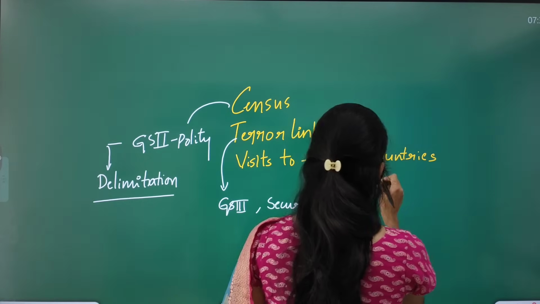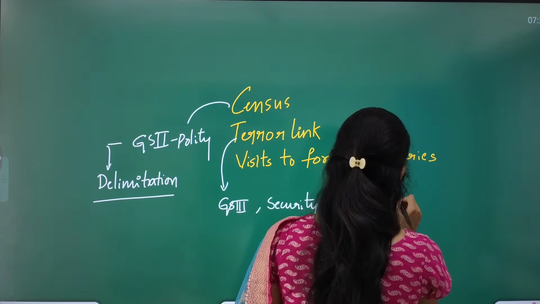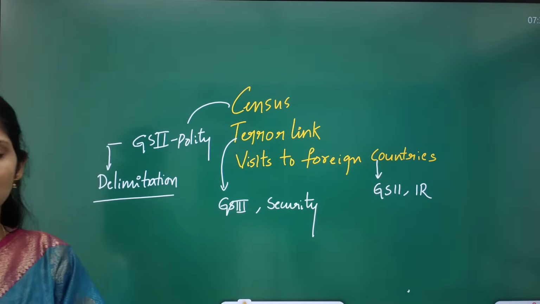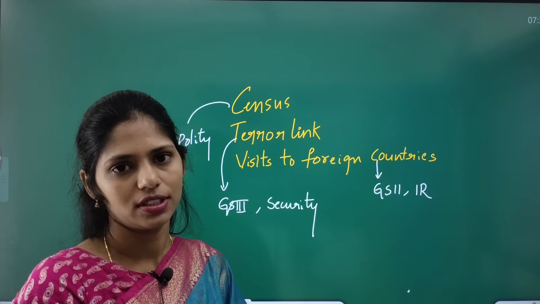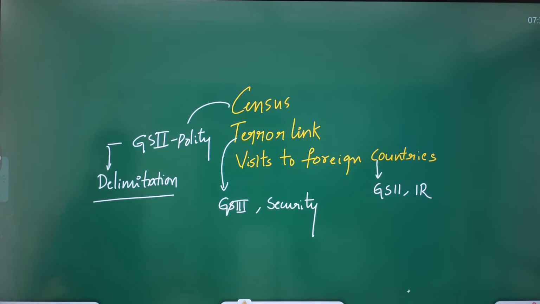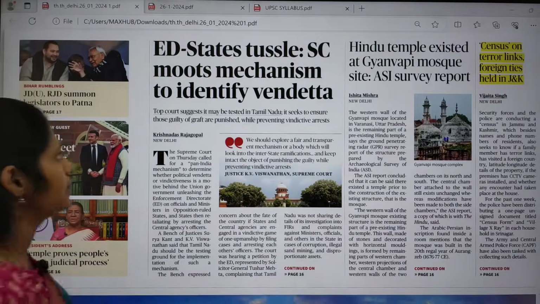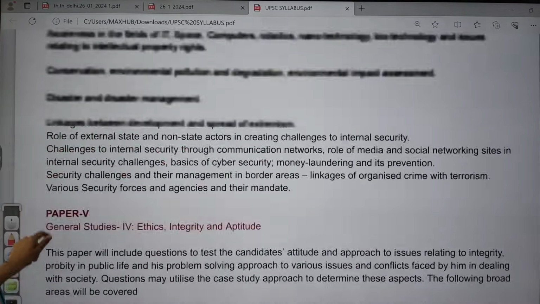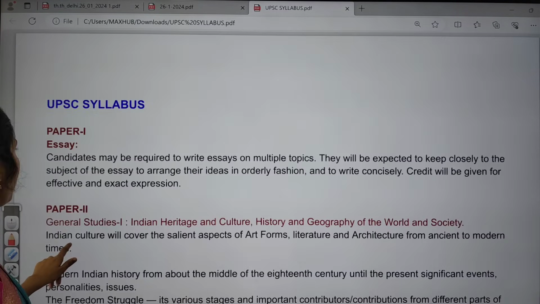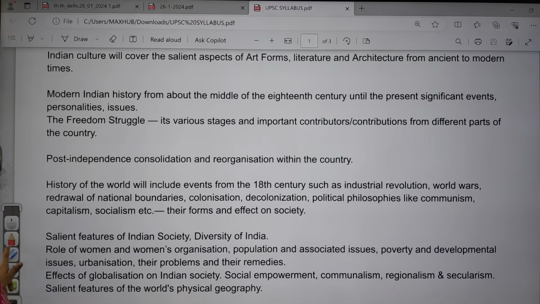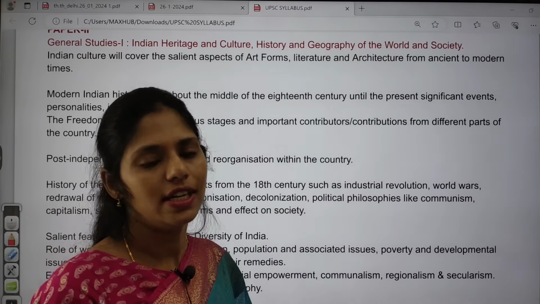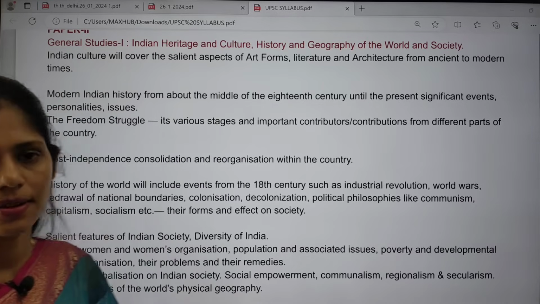Even we can see this topic under GS paper 2 under international relations, like how India has relationships with other countries. Now let us see the syllabus and where exactly it fits. As I said, this topic is important from GS paper 2. In GS paper 2 we have subjects like polity, governance, international relations, social justice.